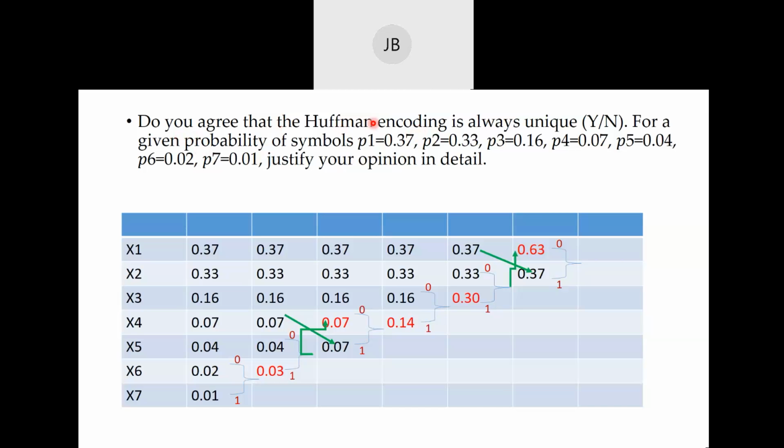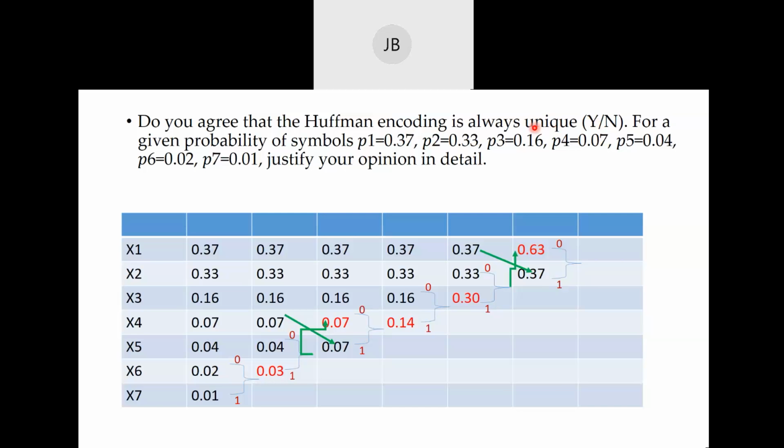Do you agree that Huffman encoding is always unique? This we have discussed in the regular class. Whether the Huffman encoding is always unique, need not be, right? Because in case of Huffman encoding, we will combine 2 symbols and put them in the next step.